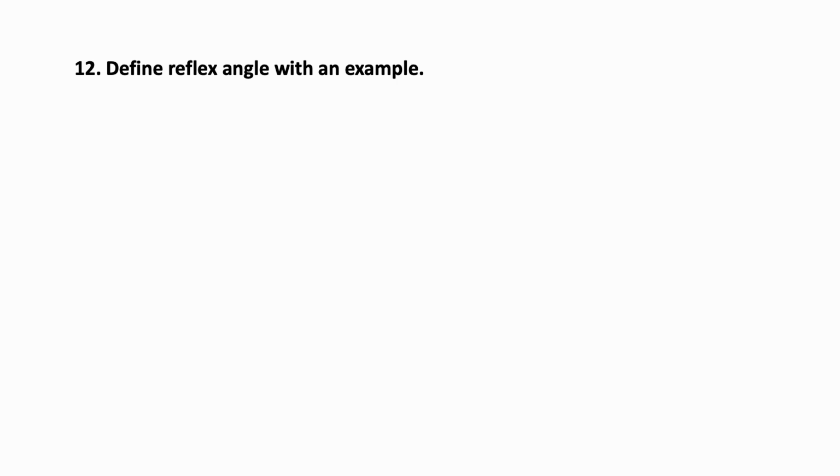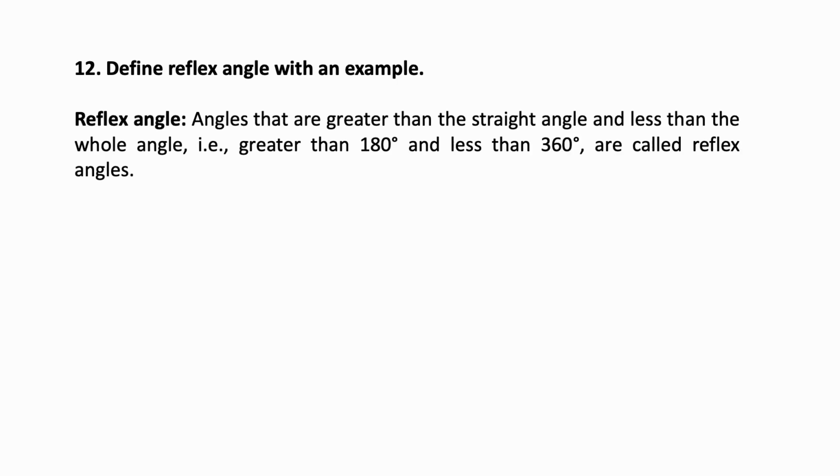Next, define reflex angle with an example. What is a reflex angle? Angles that are greater than the straight angle. Straight angle is 180 degree. So, angles greater than the straight angle and less than the whole angle. Whole angle is 360 degree.